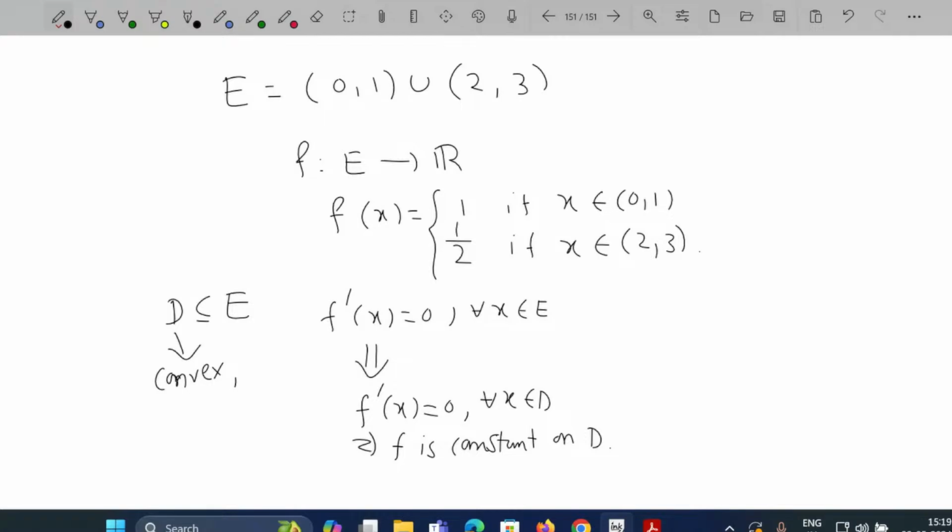That's my mistake. For example, if we consider the circle, the circle is a connected component, but it is not convex. But whether we can prove the same thing? No. Any 2 points you can join by a path, so it's connected, but it's not convex.